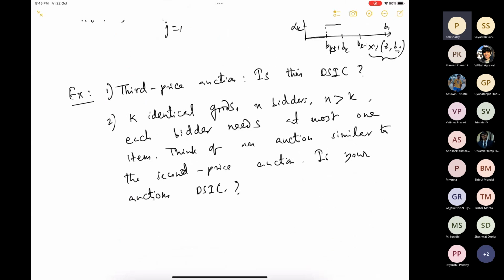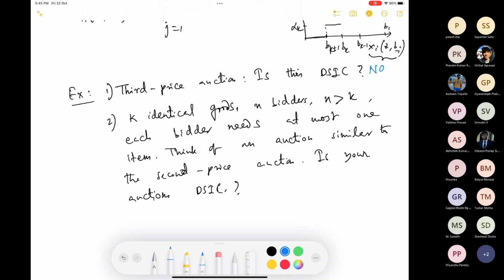So let's look at the third price auction. Okay, let me write the answer. It is not DSIC. Can someone say why it is not DSIC?